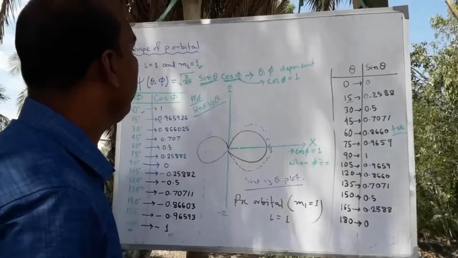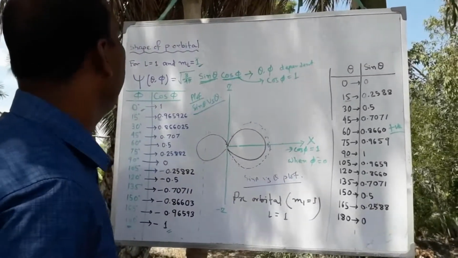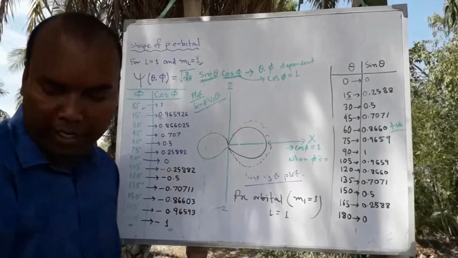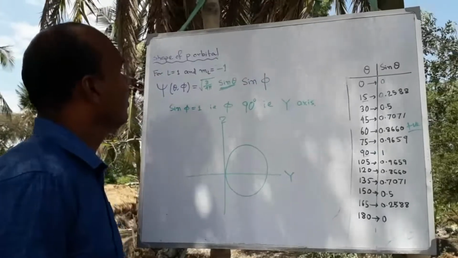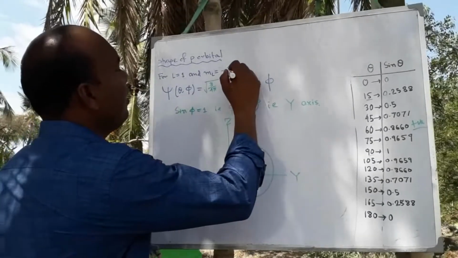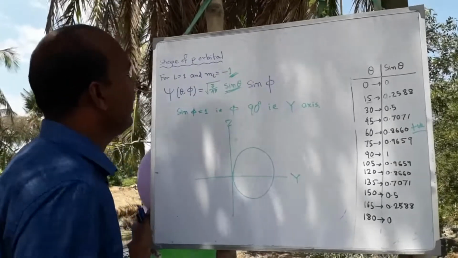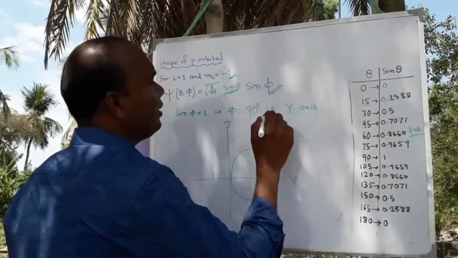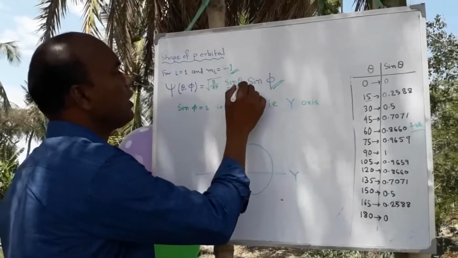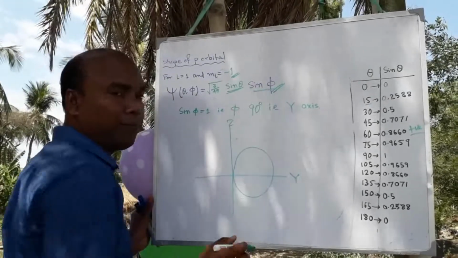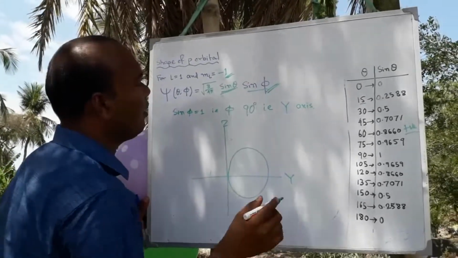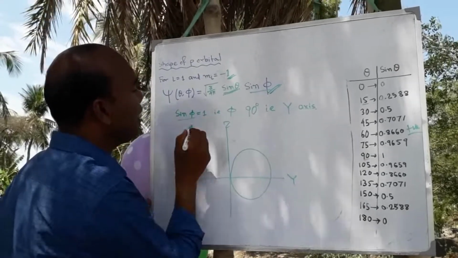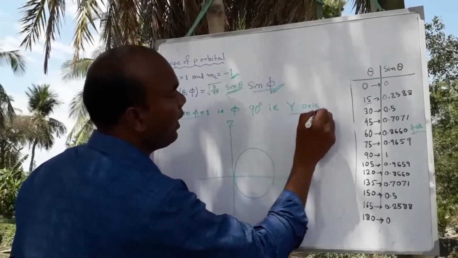Now come to the p orbital having ml equal to minus 1. Now when ml equals minus 1, the expression for the angular part of the wave function for the p orbital will be like this. See here, this is a function of sin theta and sin phi. Like the px orbital, first you consider sin phi equal to 1, that is your y-axis.